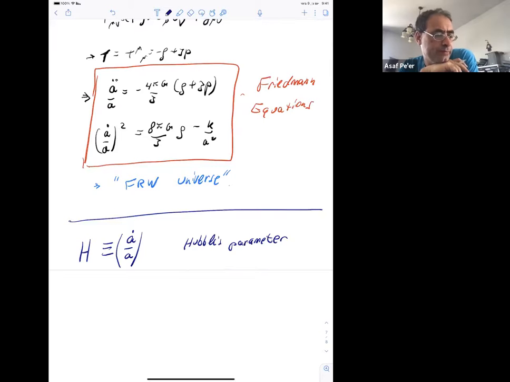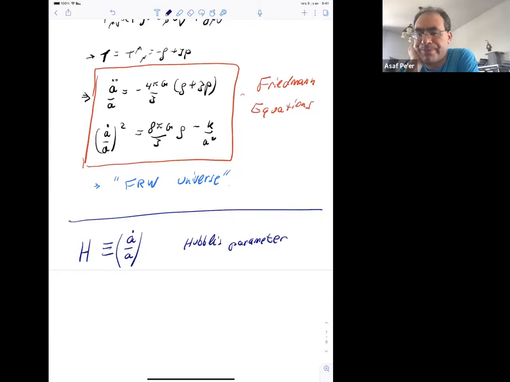So again, we can just take the ratio of A dot over A because we cannot really tell about A. Now note that the Hubble parameter can change in time. It's not something which is constant.